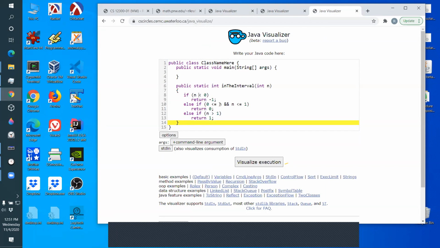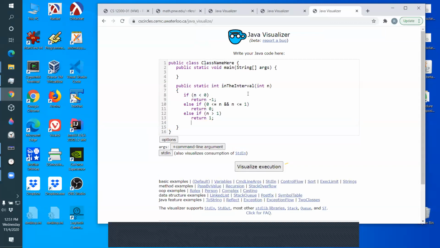But what if that's false, and that's false? The compiler's worry is that all three could be false, and then it would have nothing to return. We're smart enough to realize that you can't have all three of those be false. One of them has to be true, but the compiler isn't clever enough to figure that out.